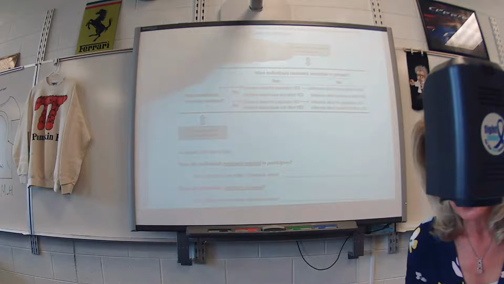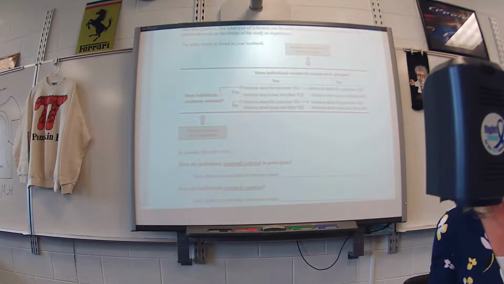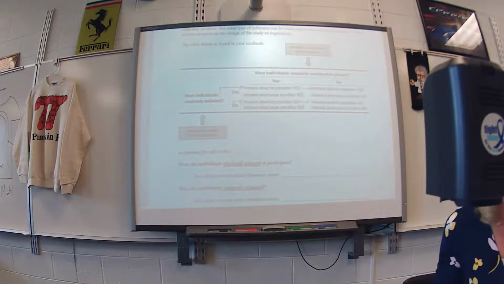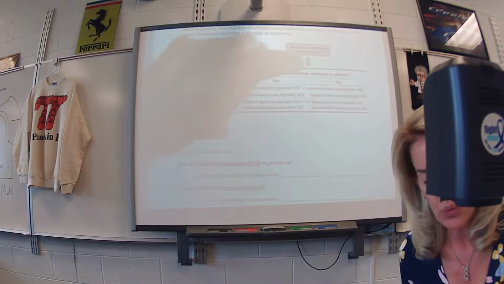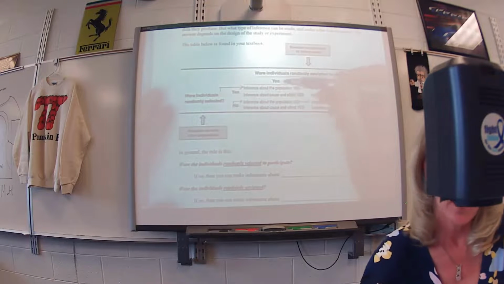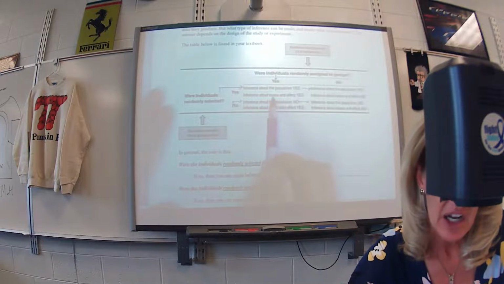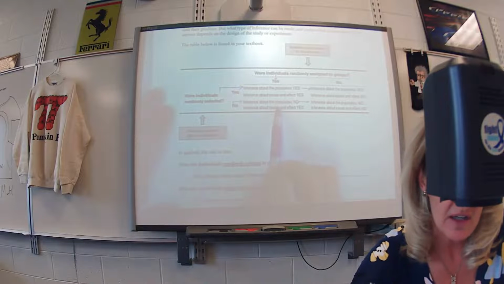Now, once you have your participants, whether they're volunteers, whether they were randomly selected, whether you picked them, whatever, if you randomly assign them to treatments, like I keep talking about, yes, randomly assigned to treatments, then you may talk cause and effect.